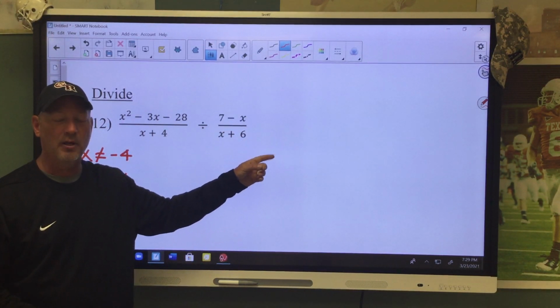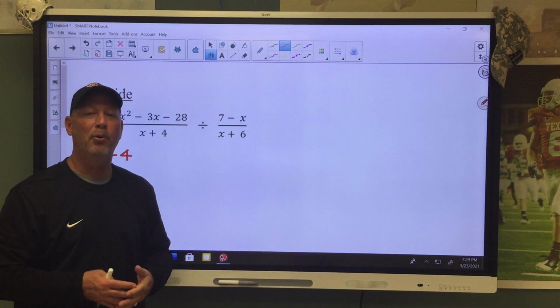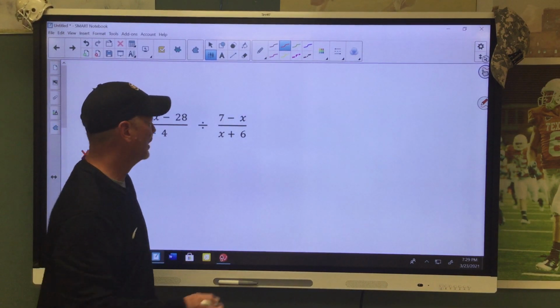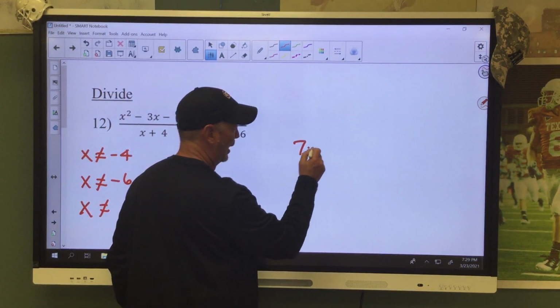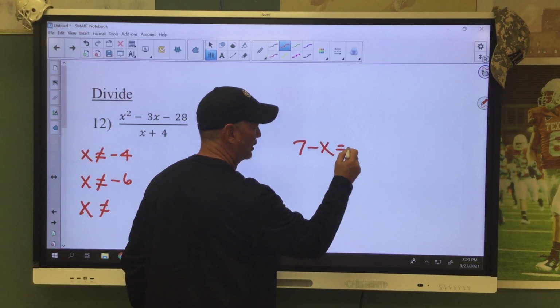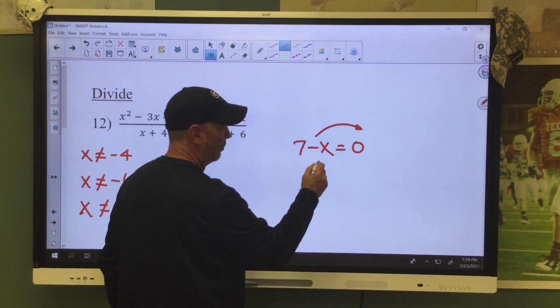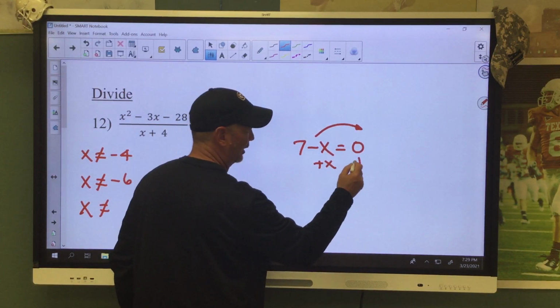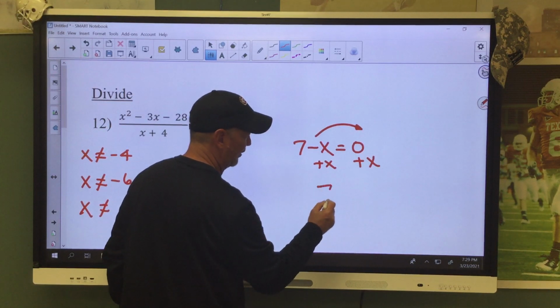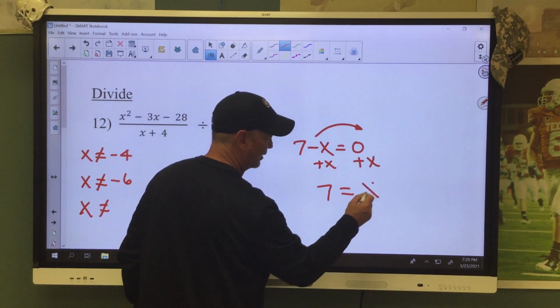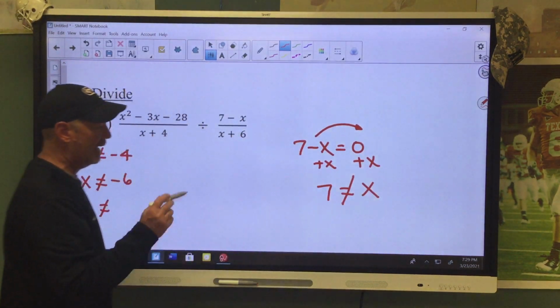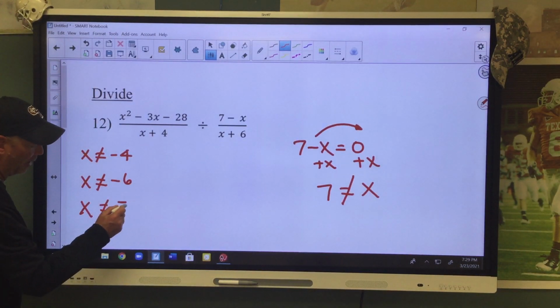You need to be careful. If you're not sure, put it equal to 0. 7 minus x equals 0. Move the x to the other side: plus x, plus x. 7 equals x. And then say no, x cannot equal a positive 7.